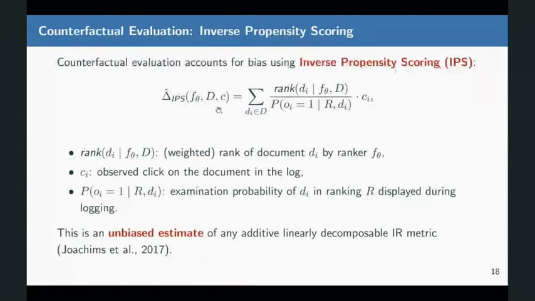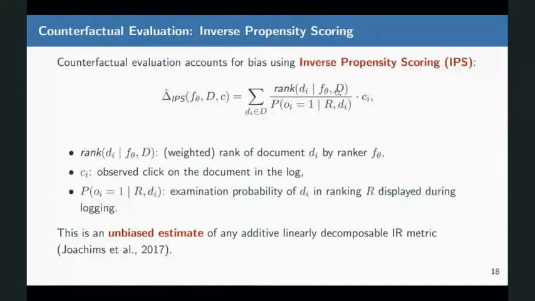So based on some clicks, a new ranking function, and the documents that were ranked, we still sum over all the documents. The click is still treated as a relevant signal, but each click is divided by the probability of examination during logging. And we still have the rank of the new system, right?